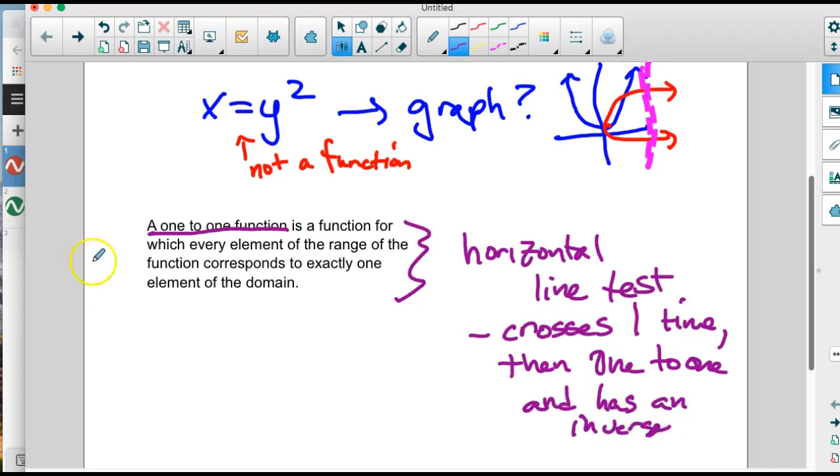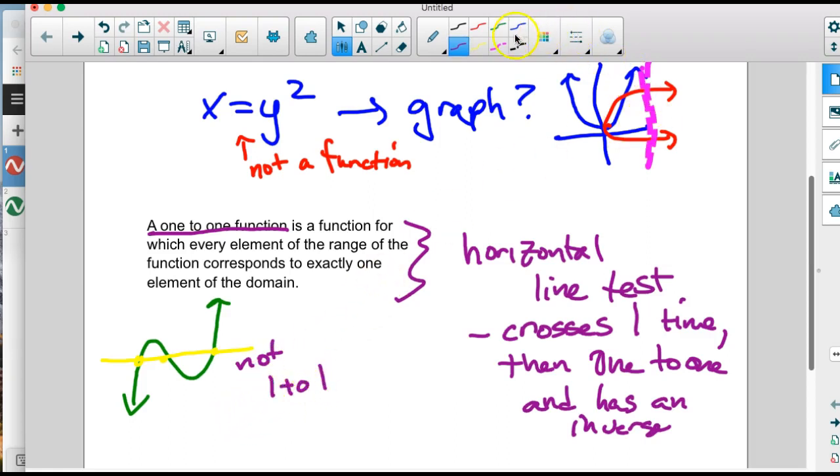So any kind of graph that we graph, let's say we did this graph, if we had this graph like here, this would not be one-to-one, because if we tried to draw a horizontal line, it would cross 3 times here. 1, 2, 3. It's not one-to-one.